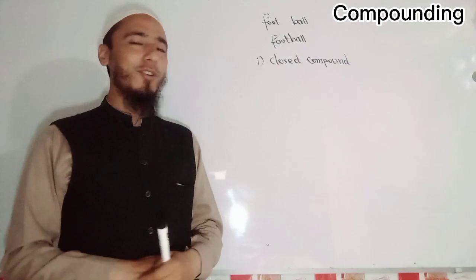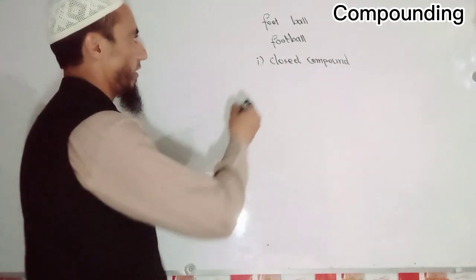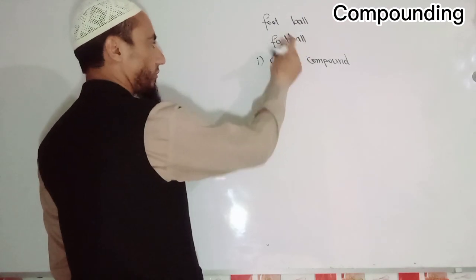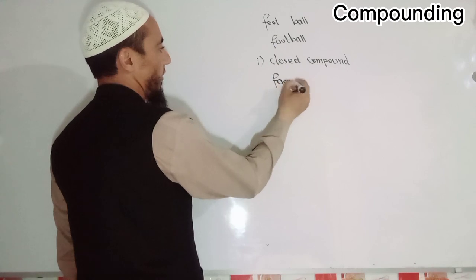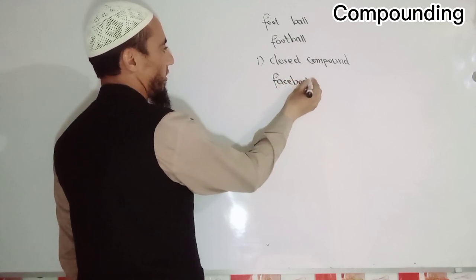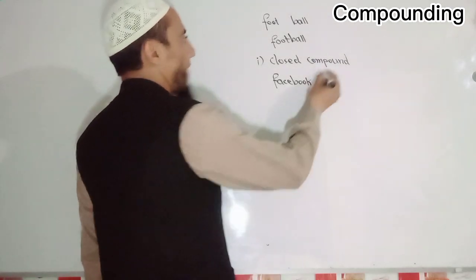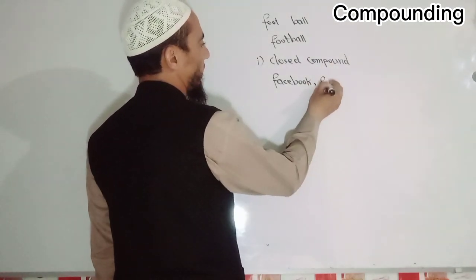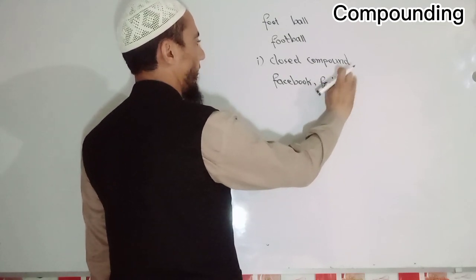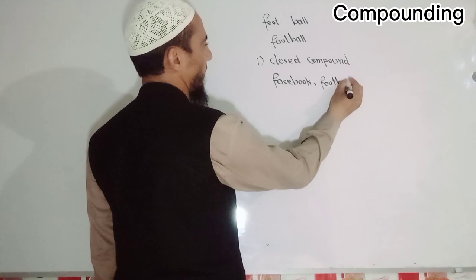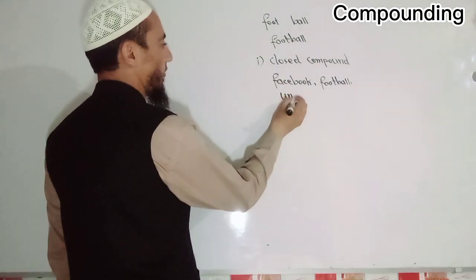So this type of method is known as closed compound. As I write, for example, the first example, facebook. This is an example of closed compound. And football. And underground.